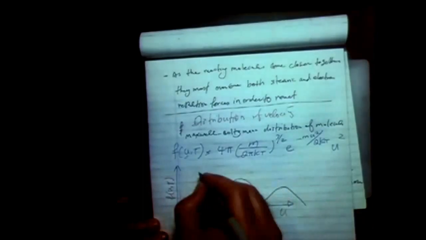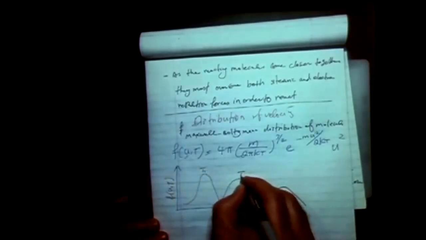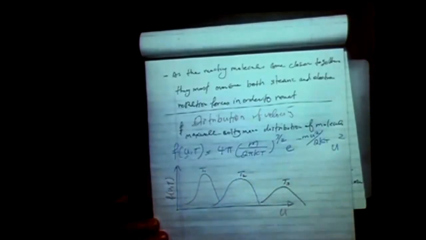These are different temperatures, like T1, T2, T3. That shows a bell shape of the distribution of the velocity.